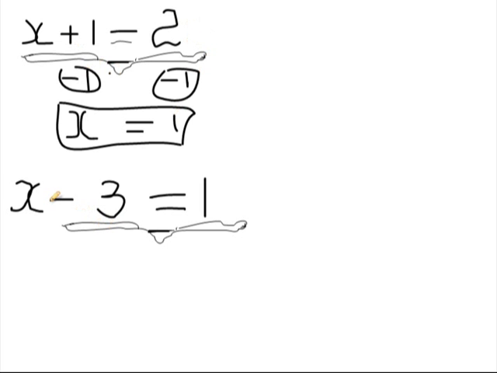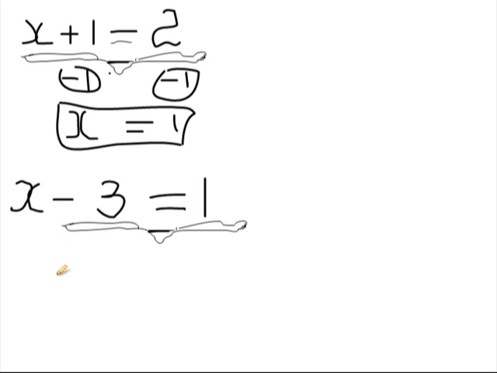So let's see this one. x minus 3 equals 1. So we know the value is 4. We can guess it, but the method is going to help us. The method is good, it may help us when we have big numbers, or when we have a different situation. So here I'm going to try to cancel the minus 3. How to do it?